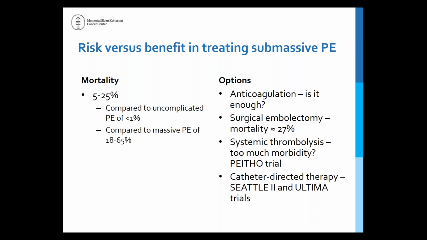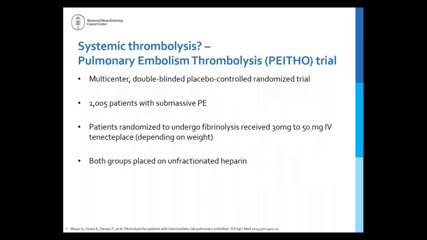These are landmark trials that I believe every interventionalist should know: the PEITHO trial, the SEATTLE II, and the ULTIMA trial. In order to answer the question of systemic thrombolysis, specifically in the population of submassive PE, we look at the PEITHO trial.